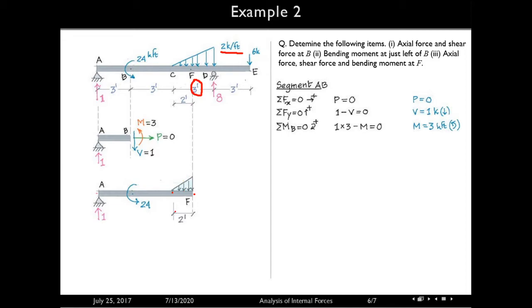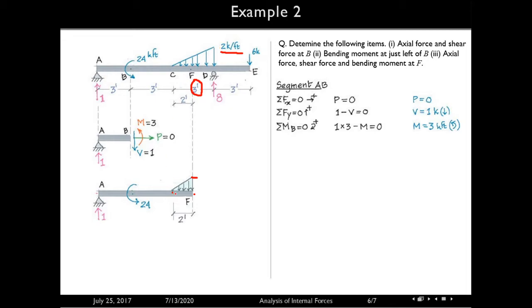But as we have considered the base as 2 feet, taking a section at point F, this maximum load won't be 2 kip per feet, it will get decreased. As we have decreased the base, the maximum load will also be decreased.